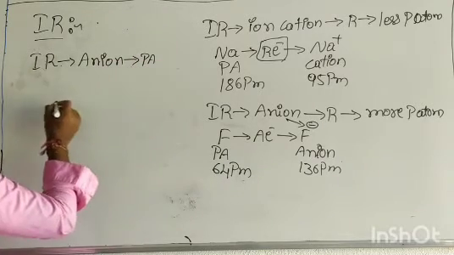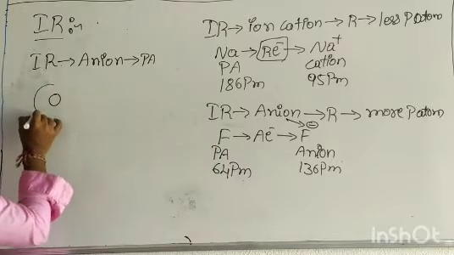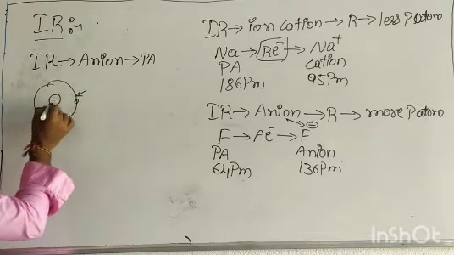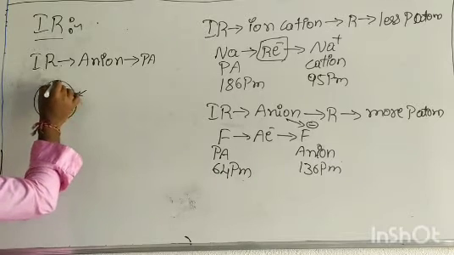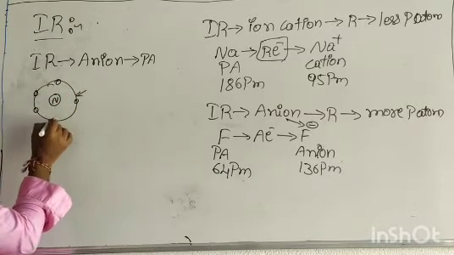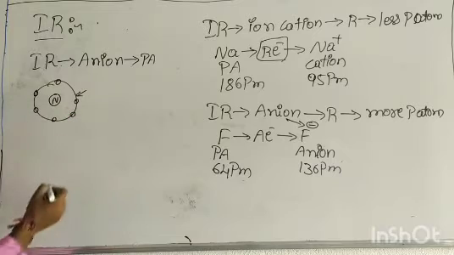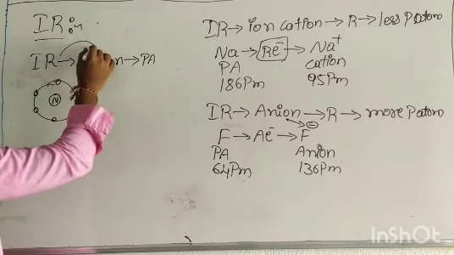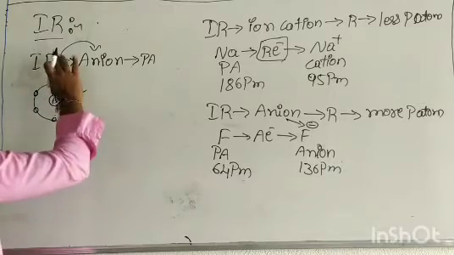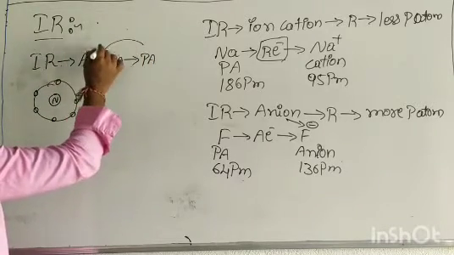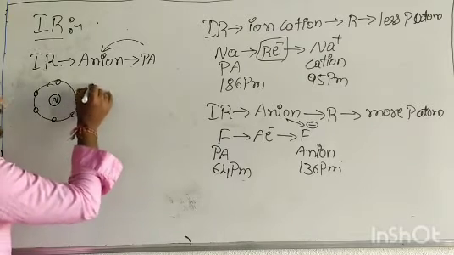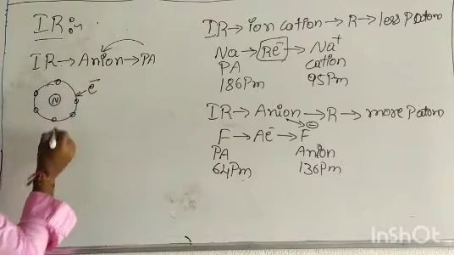Because here, guys, we are adding an electron to an atom, right? Your nucleus is there, and the atom previously present consists of electrons. To convert a neutral atom to an anion, that means a parent atom is converted into an anion, we have to add electrons to this atom.